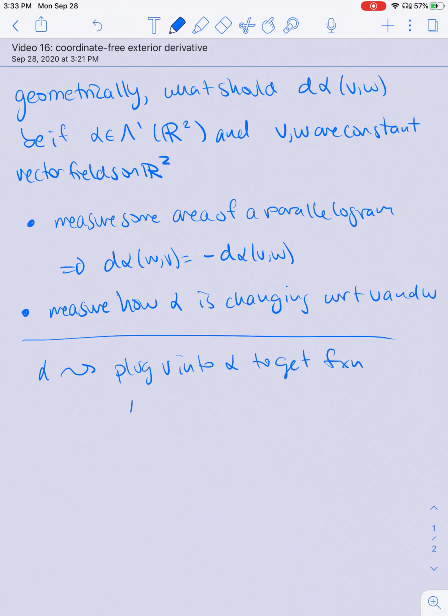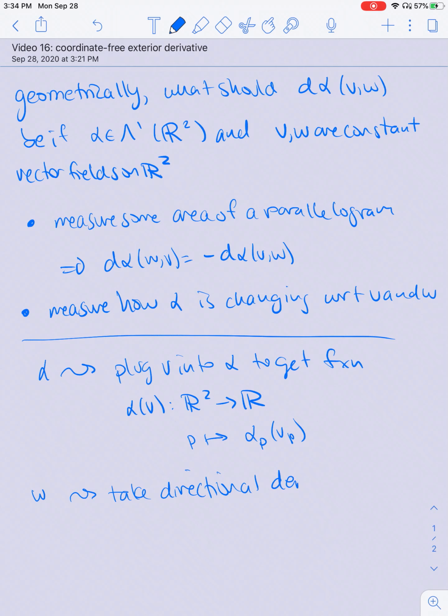This function, alpha of V, is now a function from R^2 to R. Basically alpha of V takes a point P, evaluates alpha at P and V at P, and plugs V at P into alpha at P. And now that I have this function, I can take any other vector field W and take the directional derivative of this function, alpha of V, in the direction of W. So this is one way to approach this second bullet point: get this function and then take its directional derivative.